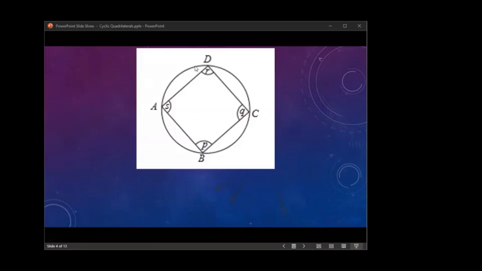If we take a cyclic quadrilateral ABCD, with internal angles P, Q, R, and S, the theorem says the S angle plus the Q angle should be equal to 180, and the R angle plus the P angle should be equal to 180.